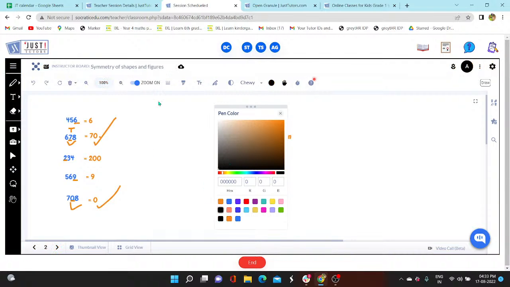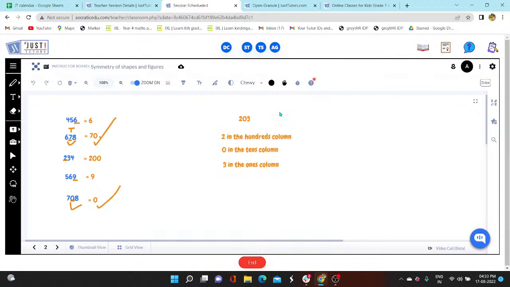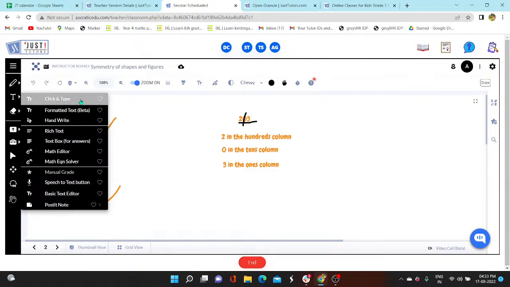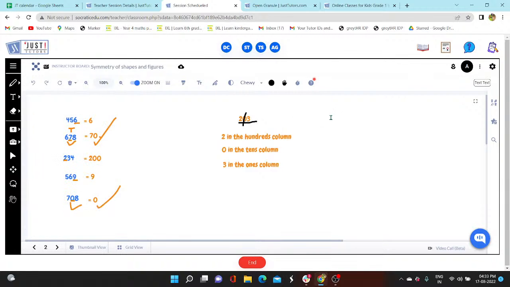So if we look at the number carefully, can anyone tell me, if we remove this 0, because 0 is of no value, what if we remove the 0? Is it acceptable? Can we write the number without the 0?